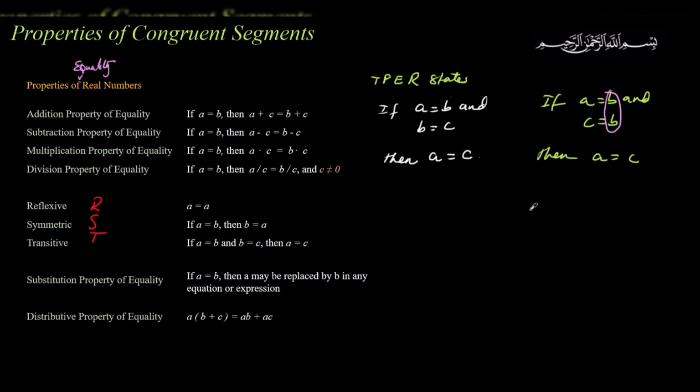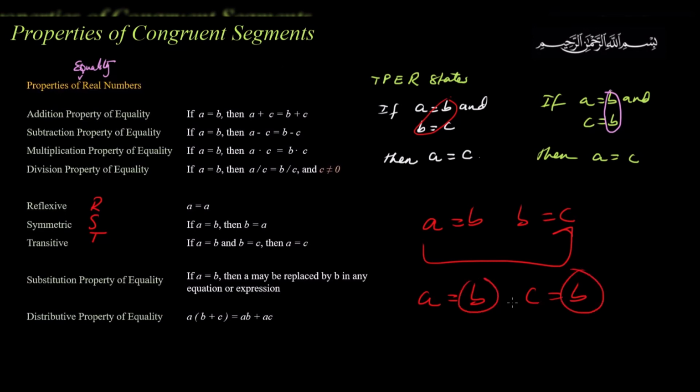So don't be distracted or caught unawares if they're not written like A equals B, B equals C. So you're thinking, if A is equal to B and B equal to C, then A is equal to C. What if the statement is written A is equal to B and C is equal to B? Then you're like, can I use the transitive? Of course you can use the transitive property of equality for this, because there's something that's common to both of these statements.